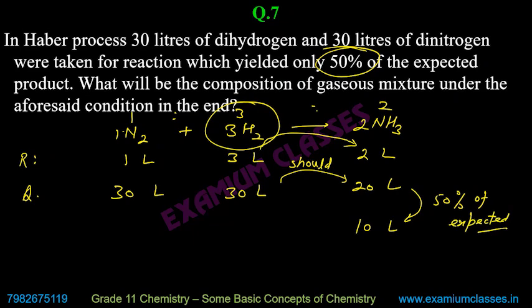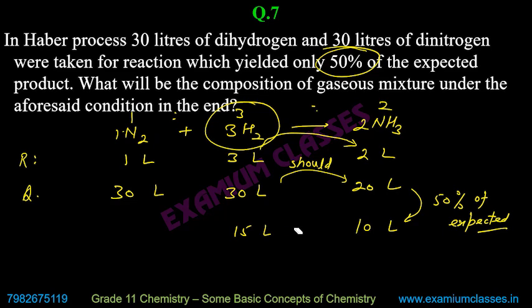Now, how can we get 10? 10 will be produced by how much hydrogen? 15 liters of hydrogen would have been used. Apply the same logic. 20 liters was produced by 30 liters of hydrogen, so 10 liters will be produced by 15 liters of hydrogen. Is this clear or not? I am applying just the unitary method.